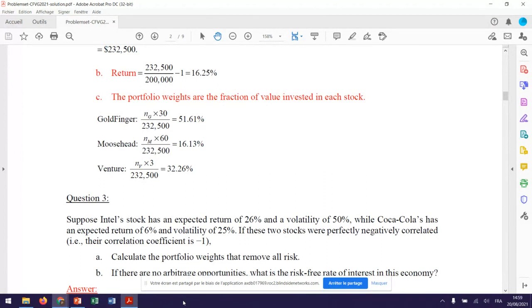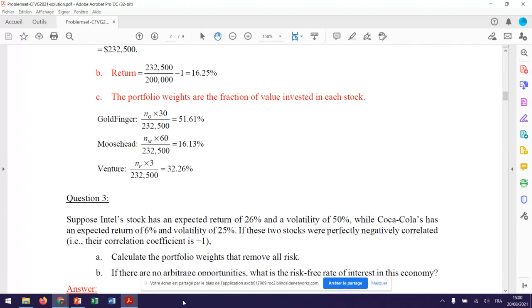Then you have the expected return of RC, which is Coca-Cola, equal to 6%, and SD(RC) equal to 25%. And the correlation between RI and RC is equal to -1.